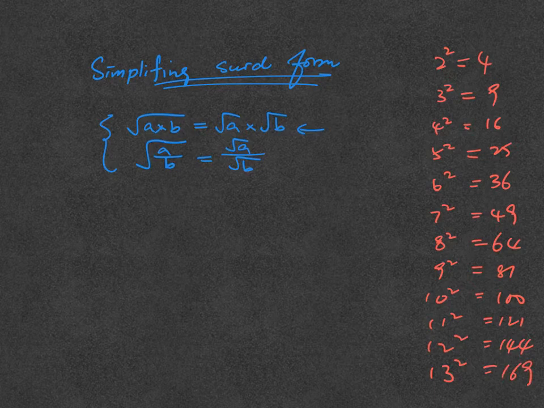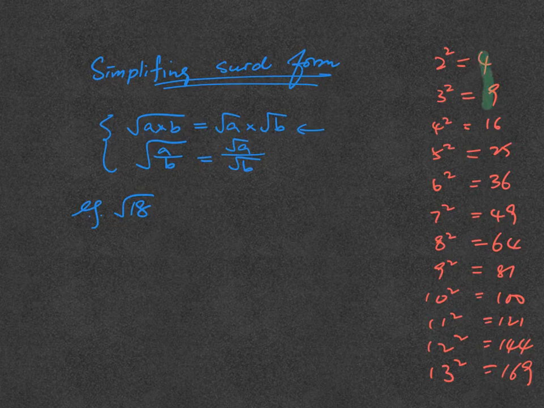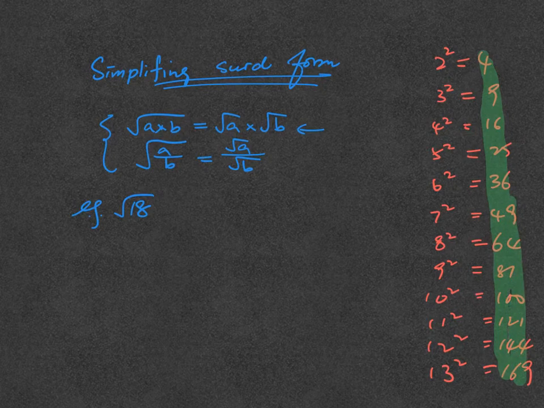So if you can spell out more, that's pretty good. Now according to this, how can we simplify the surd form in a better way? So for example, square root 18. First of all, you have to search among these square numbers to see which one is related to square root 18.